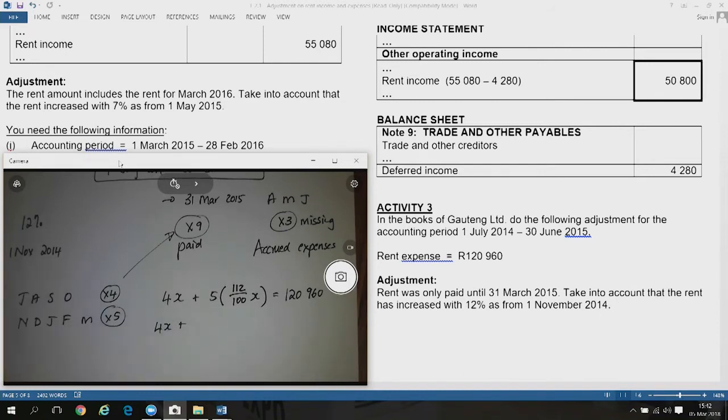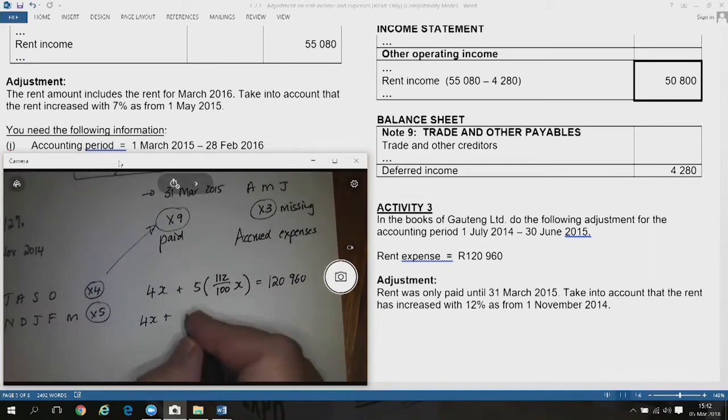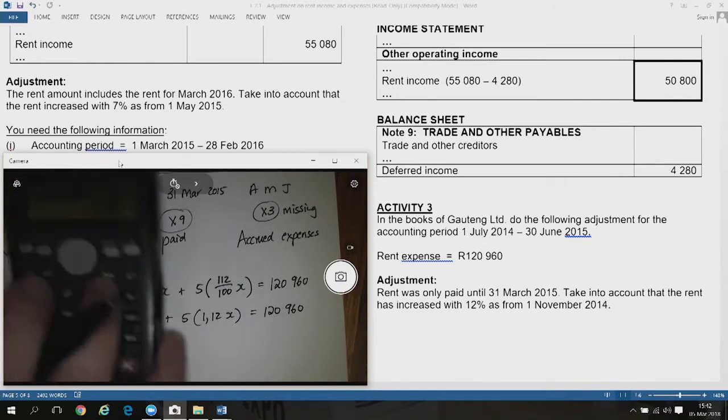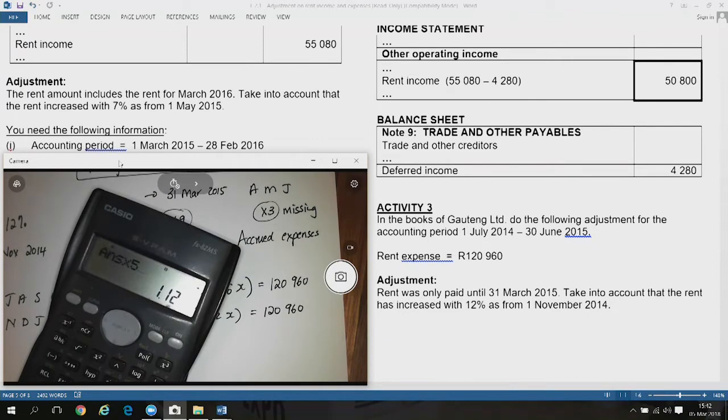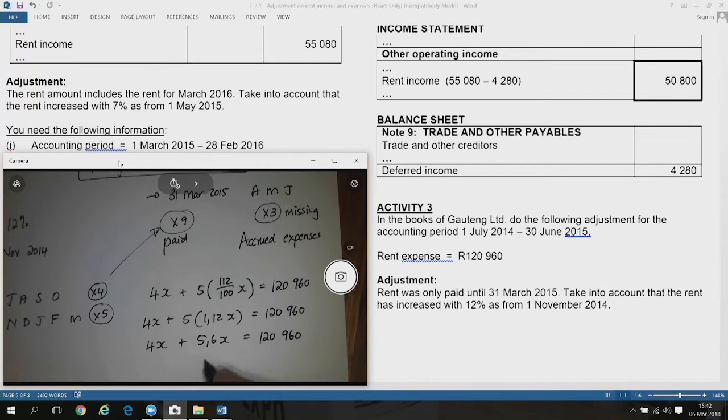4x plus, if you say 112 divided by 100, you've got 1,12. That makes it a little bit easier. 1,12x equals 120,960. Times 5 on your calculator, that gives you 5,6. 4x plus 5,6x equals 120,960, so 9,6x.